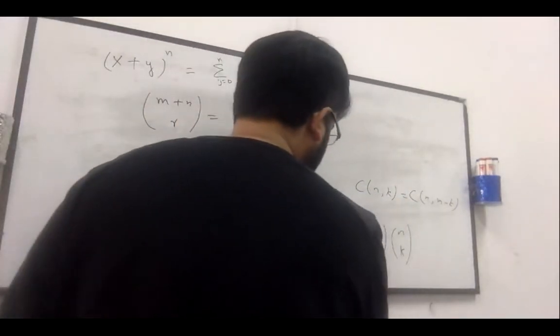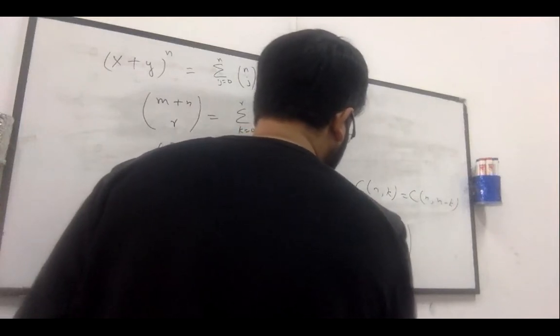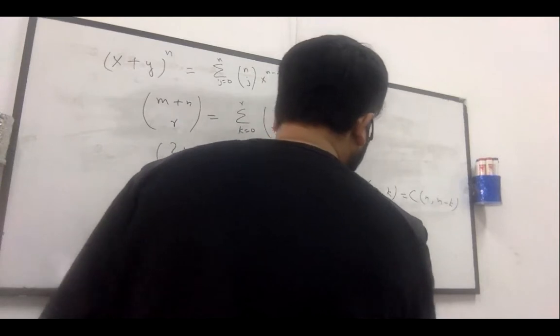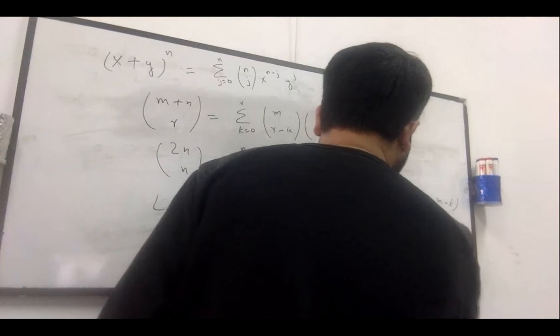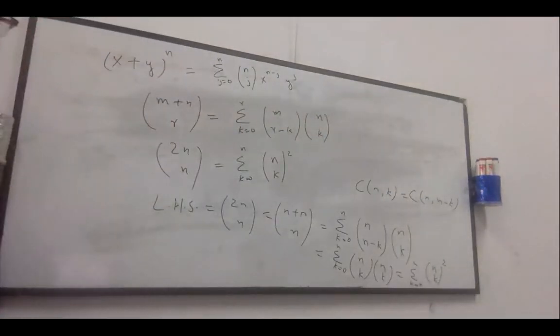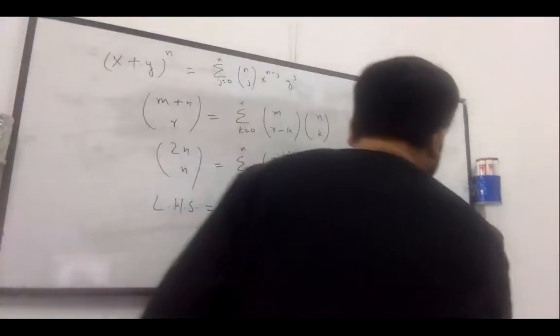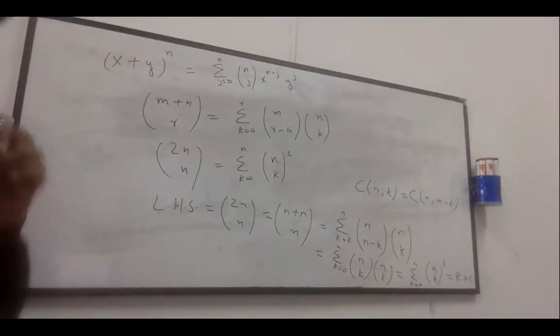So this is equal to the summation from k equals 0 to n of (n choose k) into (n choose k), which is the summation of (n choose k) whole square, and hence this is equal to the right hand side, and we are done with this proof.